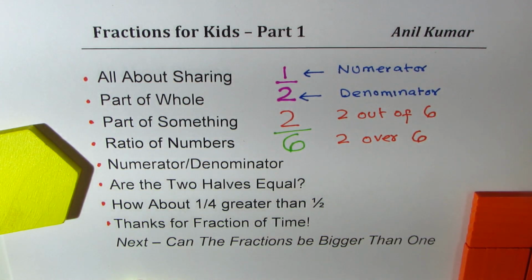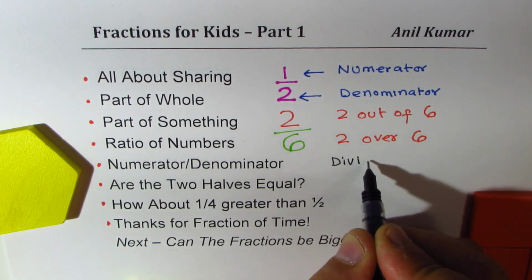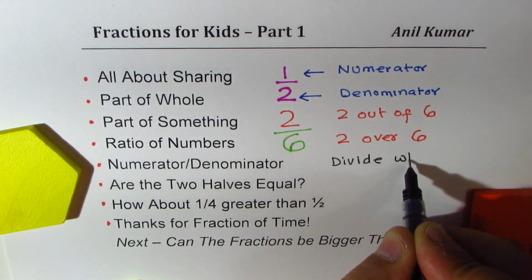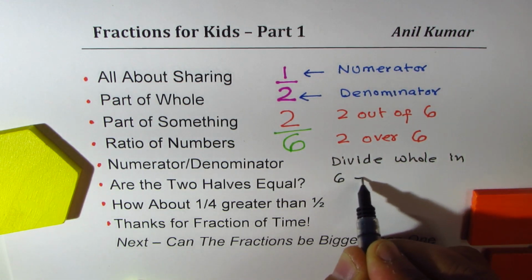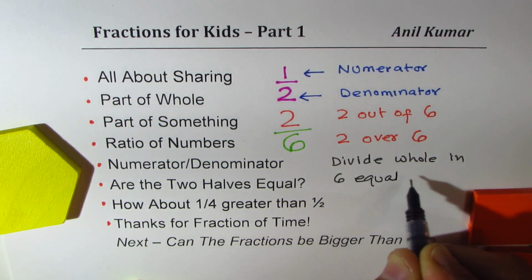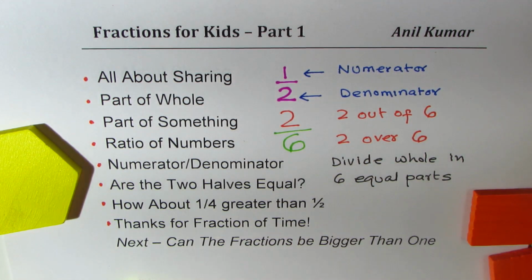So basically we divided the whole. So what we did here, we divide whole in 6 equal parts. So that is this 6.